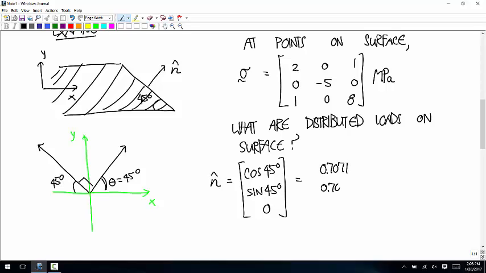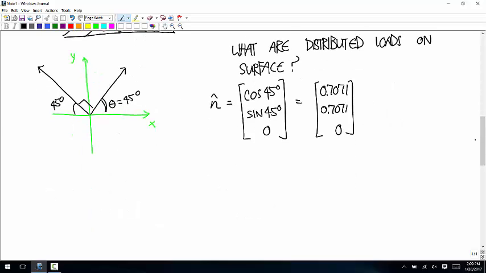That's 0.7071, 0.7071, 0. Yeah, it's a unit vector. All right, so then the traction is equal to the stress tensor times the outward facing normal.